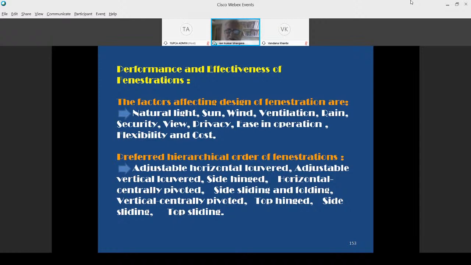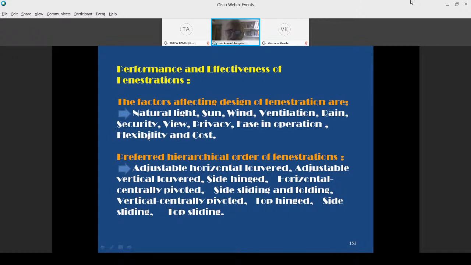Then whether it will block sun rays, or controlling the sun rays or solar heat will be possible, or once you shut the window everything will be blocked and once you open it there is no control, everything will be allowed. Then you study and analyze as far as wind is concerned. Then ventilation, and so on.